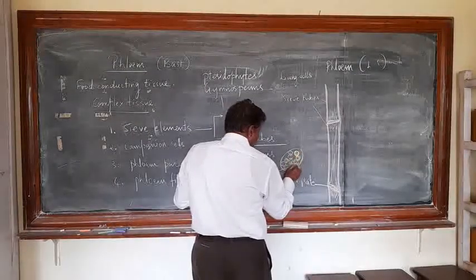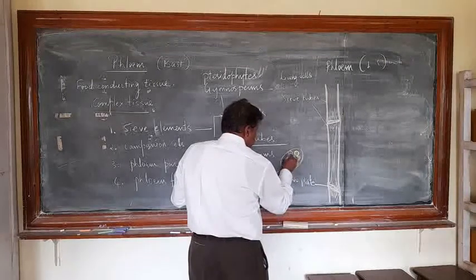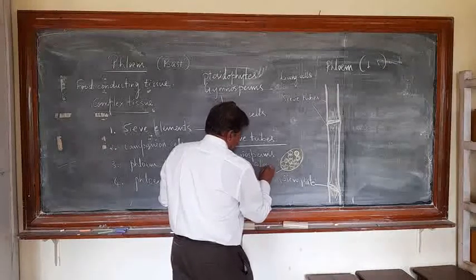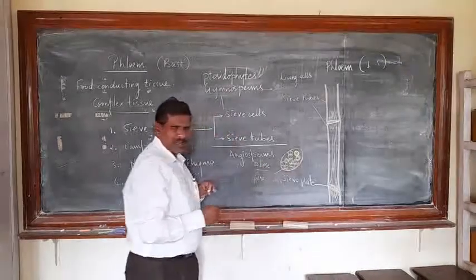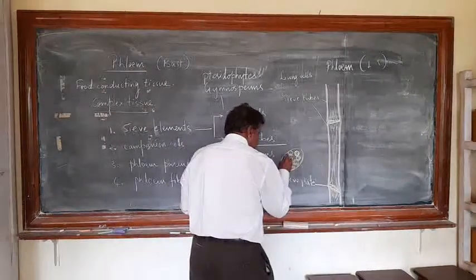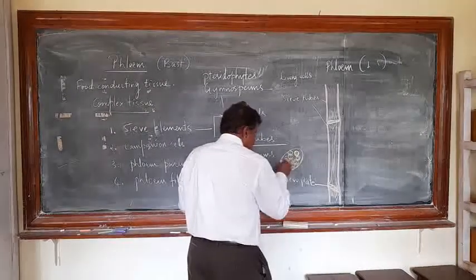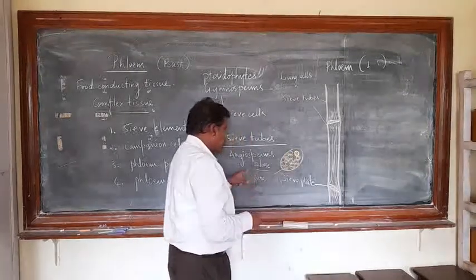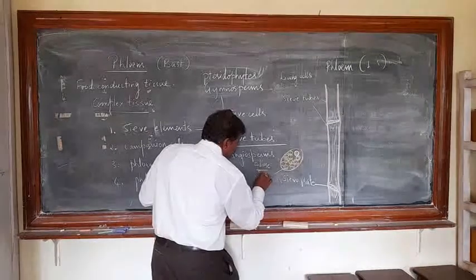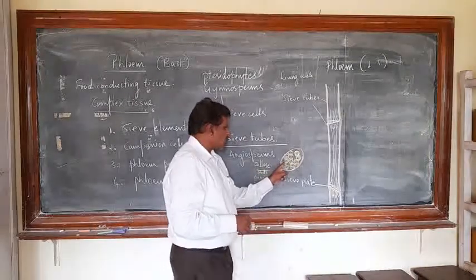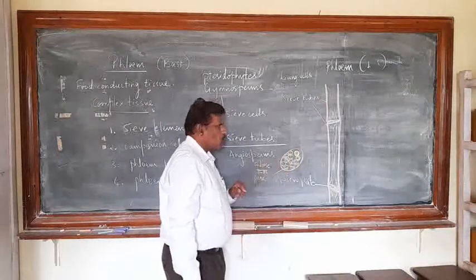The material deposited surrounding the pore is callose. It is a kind of polysaccharide. And this callose is deposited surrounding the pore. We call them callose pads, or plugs even, you can call them. They are present surrounding the pores.